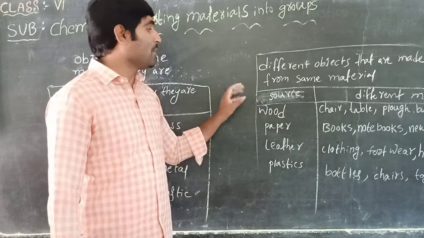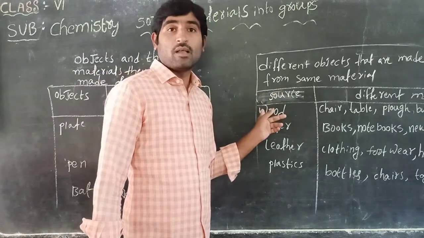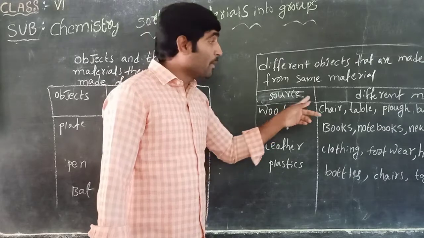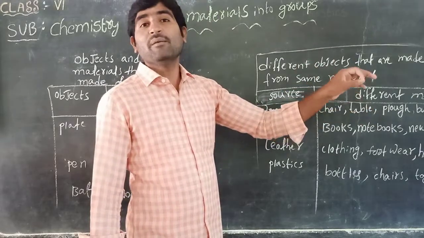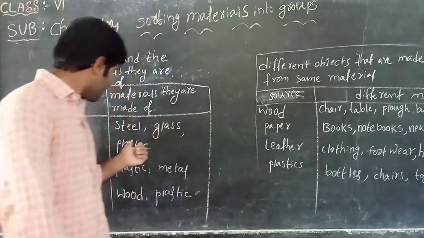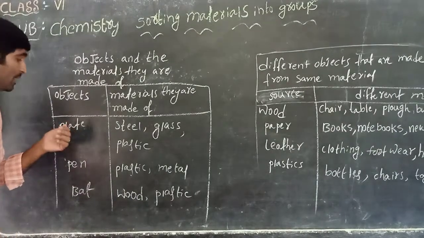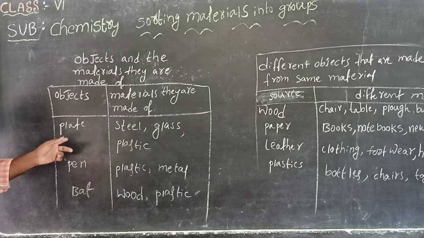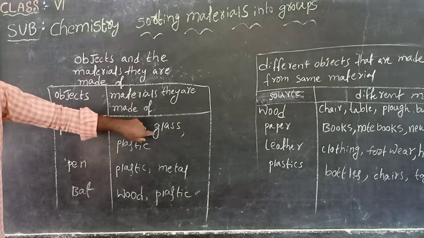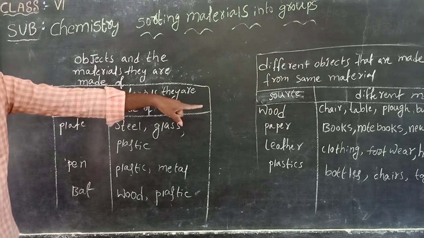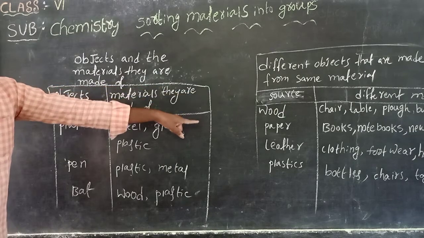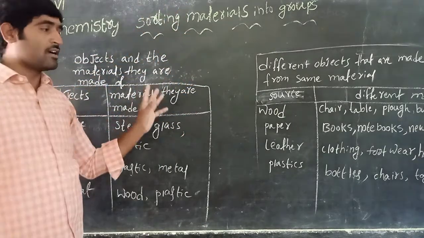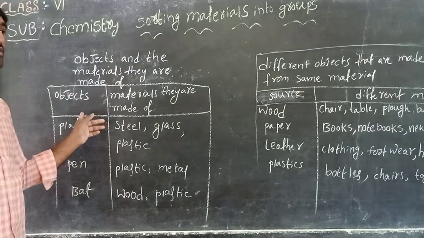Here in the first table, we made the table depending upon one material being made with different sources. In the second table, with one source, we made different materials. Have you got the difference? Did you understand, children? The difference between these two tables?